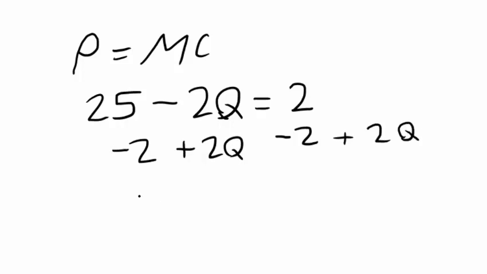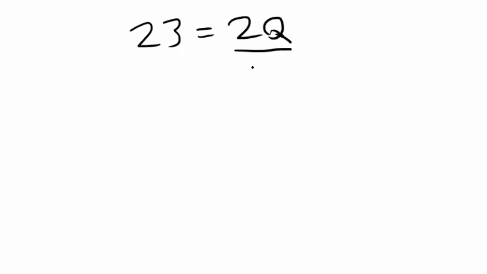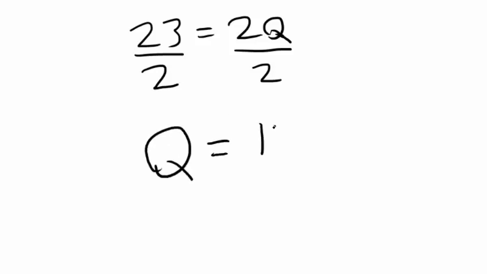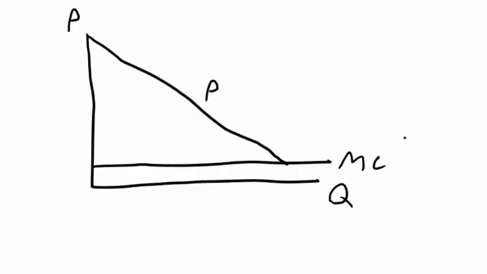And so we are left with 23 equals 2Q. And if we divide both sides by 2, we are left with a quantity of 11.5.